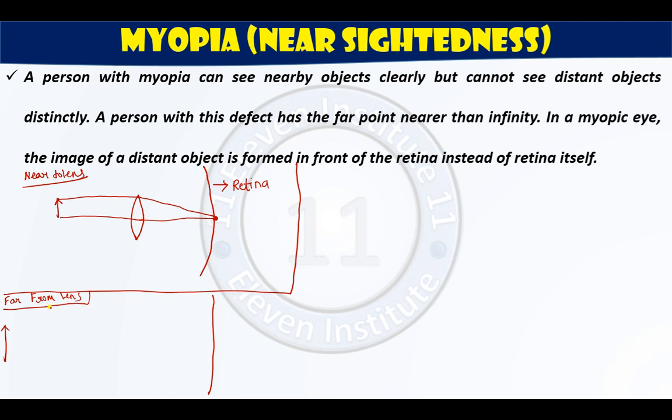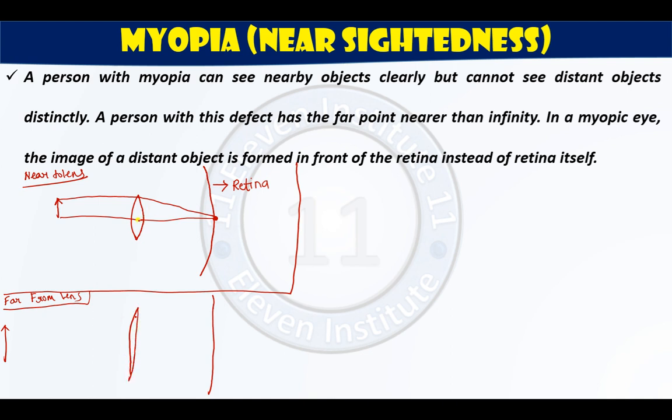Now if the object is far from the lens, this lens has to accommodate. In order to see this object clearly, which is situated far away from the lens, the focal length of this lens should change. This lens has to become thin, right? So in case of a normal eye, this lens will become thin like this.